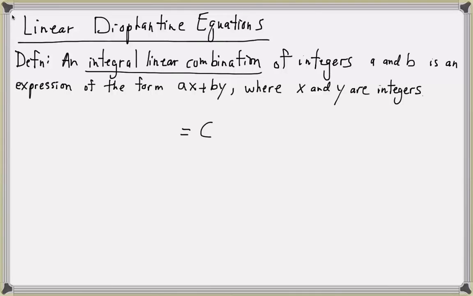Is it possible to find an integer linear combination of a and b so that ax plus by equals c? So we'll answer the question, what values of c can be written as an integer linear combination of given integers a and b?